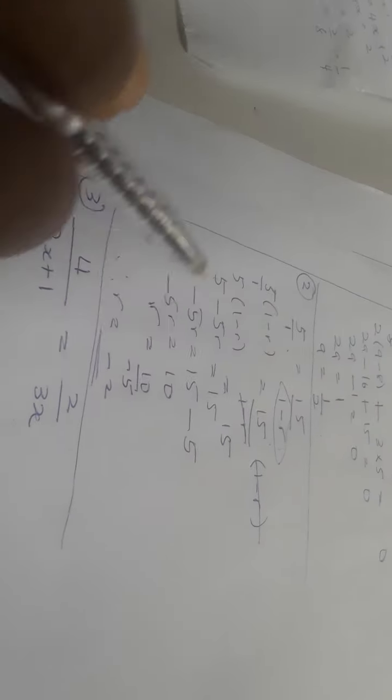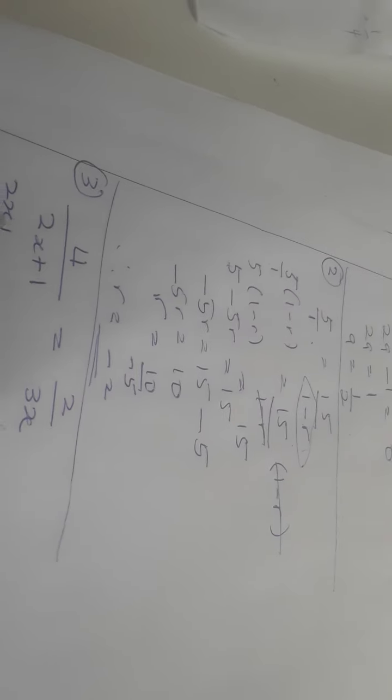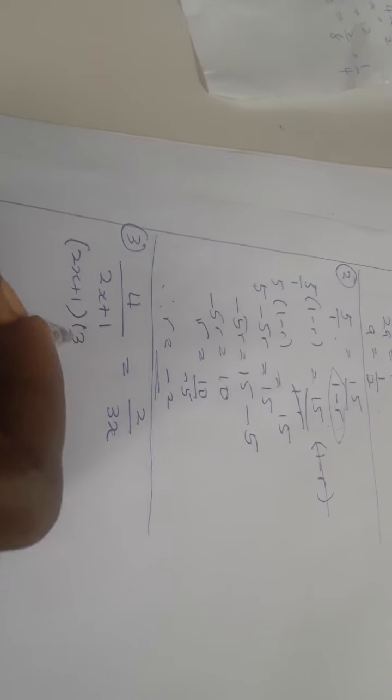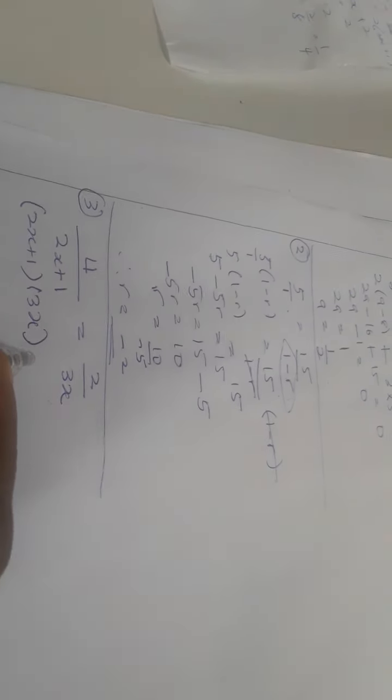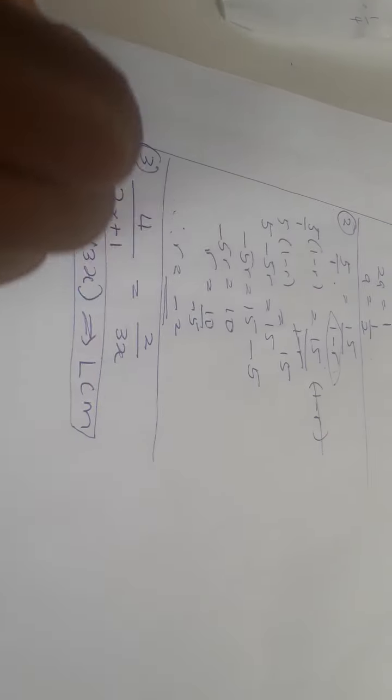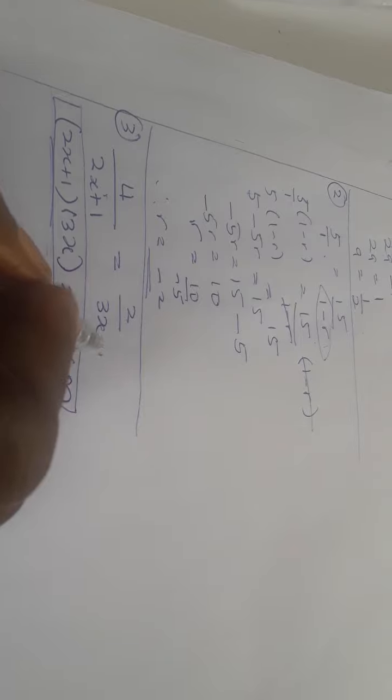Your LCM is 2x plus 1 times 3x. This is our LCM. And so you multiply this LCM by everything.